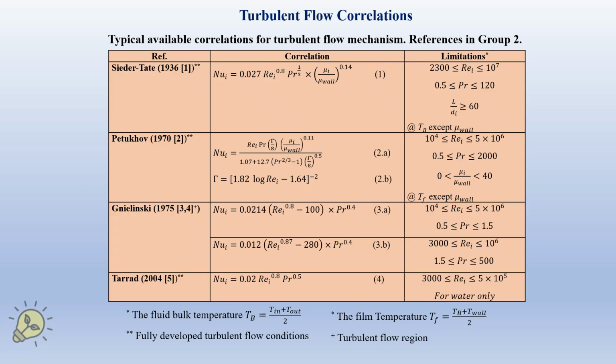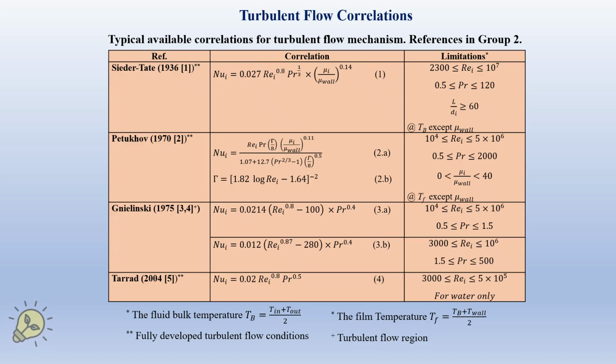For example, the Sieder-Tate correlation in 1936 is applied for Reynolds number greater or equal to 2300 and less or equal to 10 to the power 7, and the Prandtl number should be greater or equal to 0.5 within the range to equal or less than 120.